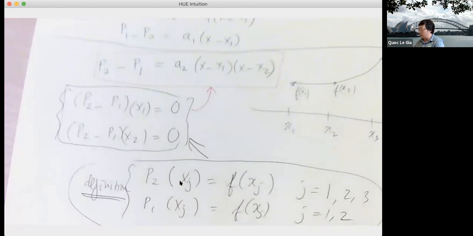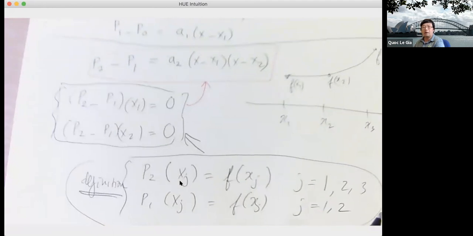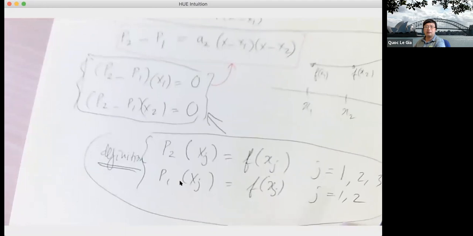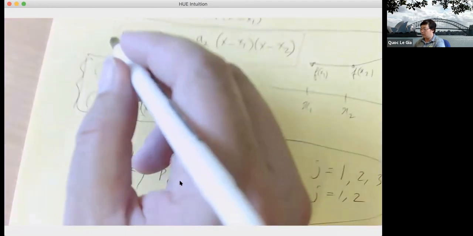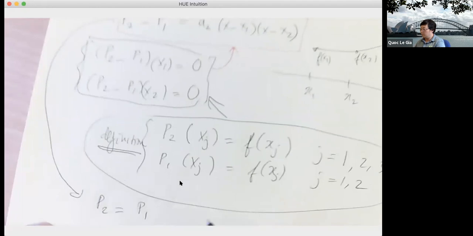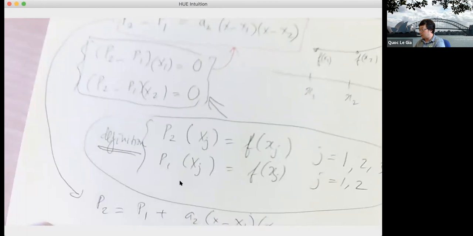now you can write P2. Okay, so now it's a bit tricky to write, but essentially you can see that here, P2 will equal P1 plus A2 times (x minus x1)(x minus x2), right?